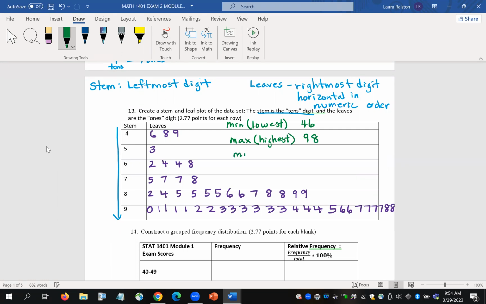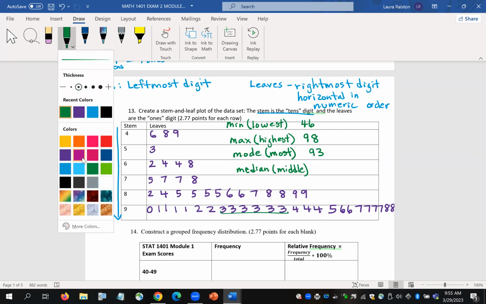I can find the mode, which is the one that occurred the most, and it happened to be 93 because it occurred 6 times. We could also find the median, which is the value in the middle, because we know we had 50 values.